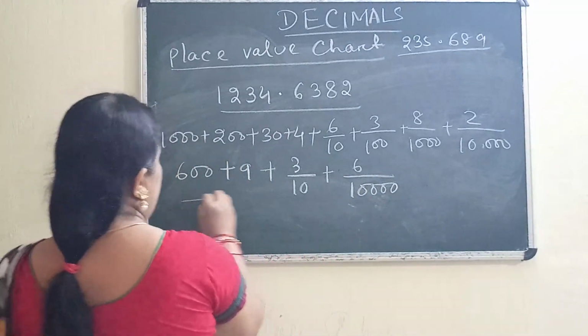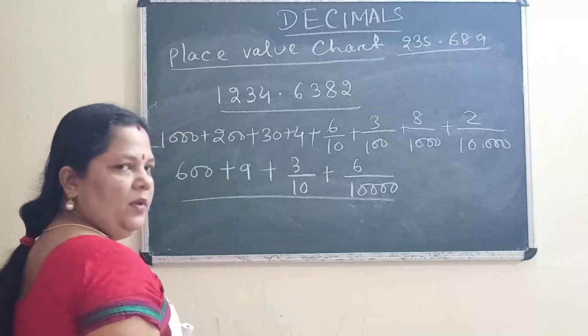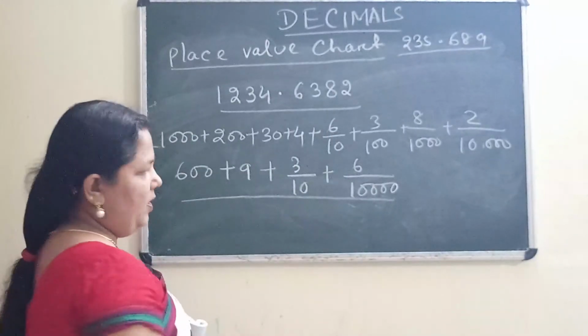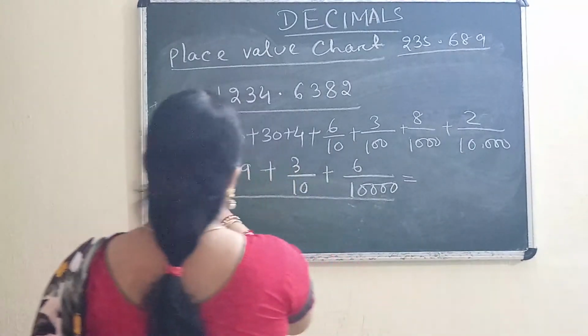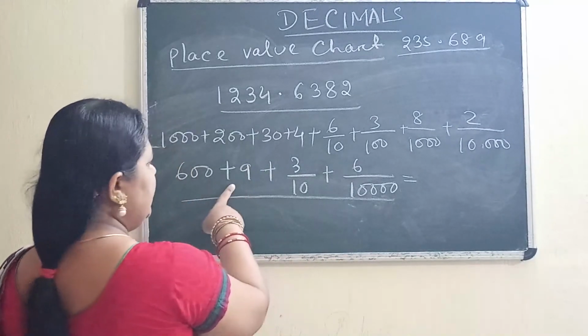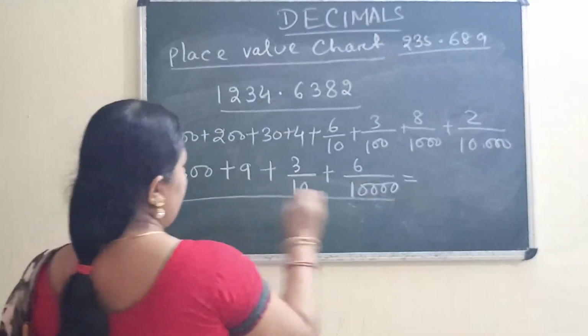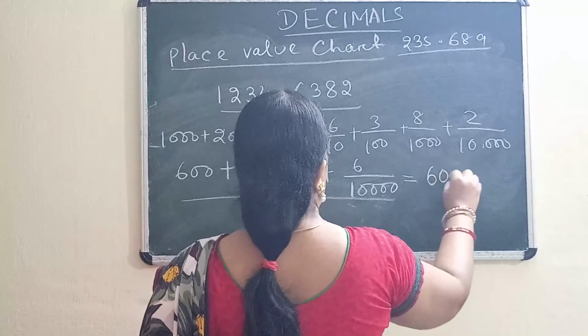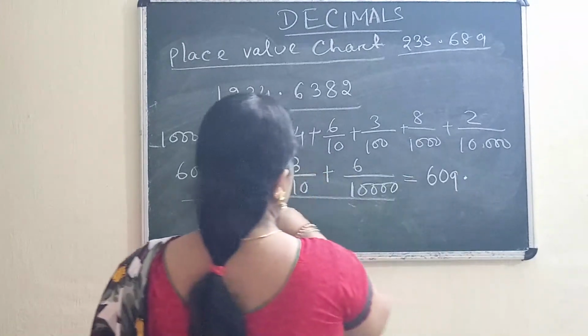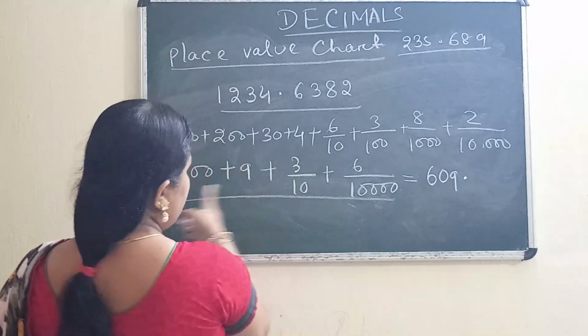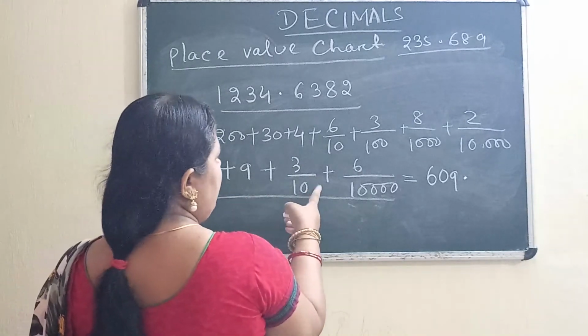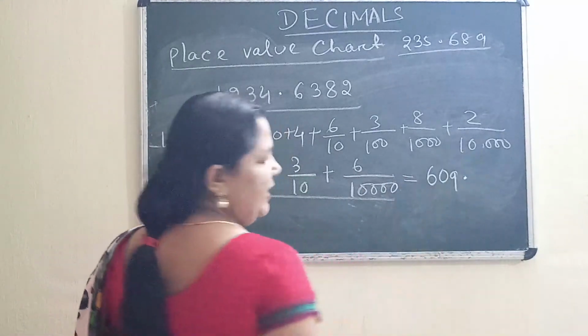Clear? This is given in what? Expanded form, and you will represent it in short form. So what to write? This one, 609, means which place is missing? Tens place is missing. So what will you write here? 609 point. Here you will put the point because this part is your whole part. Fractional part starts, so before that you will put the decimal point.